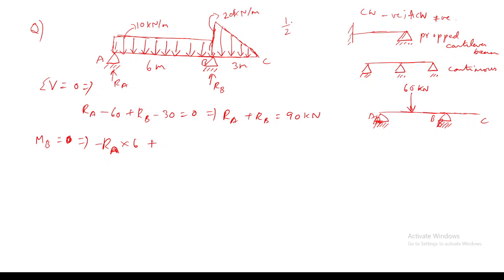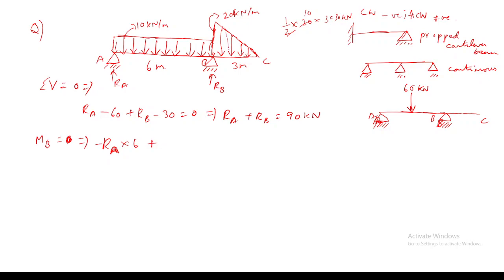It is actually nothing but the area of this triangle, half into 20 into 3. So you will be getting 30 kilonewtons. And it will be acting at which point? The centroid of the triangle will be at a distance of one third from the base, the height, or the bigger side we can say.